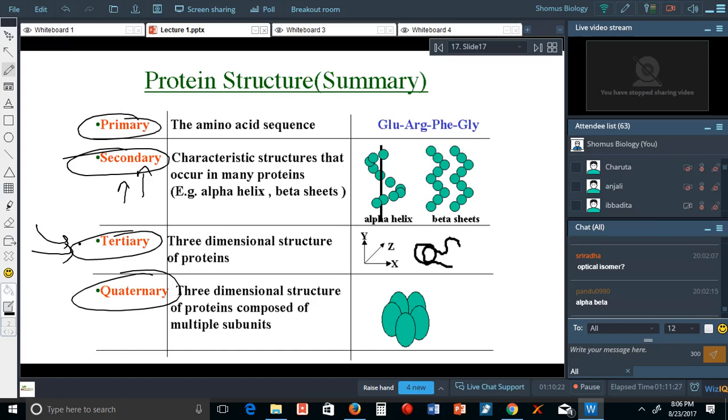Now this tertiary structure is the minimum structure required for any protein to work and function. One particular protein may have multiple tertiary structures linked to one another. In that case it will be known as a quaternary structure.